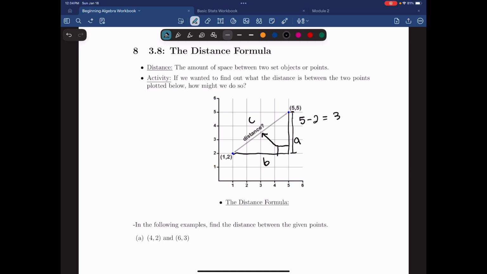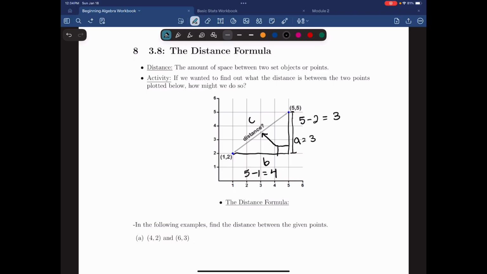So we're going to get 3. So this side length is 3. So A equals 3. And then to figure out what B is, we have to find the difference in our x values. So we're going to take our x value 5 up here and subtract the x value down here, which is 1. And 5 minus 1 is just 4.